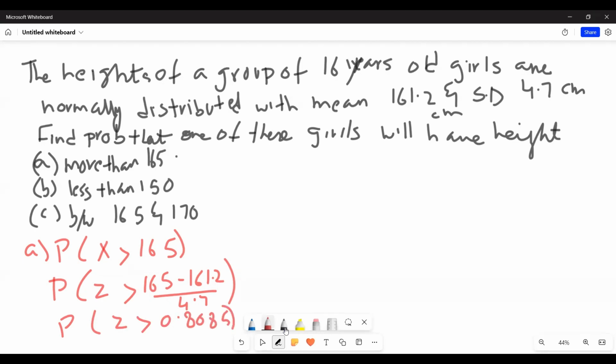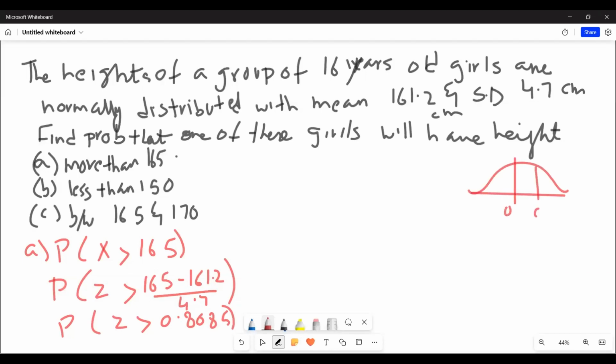That's towards the right of 0, so it's going to be 1 minus probability Z is less than 0.8085.